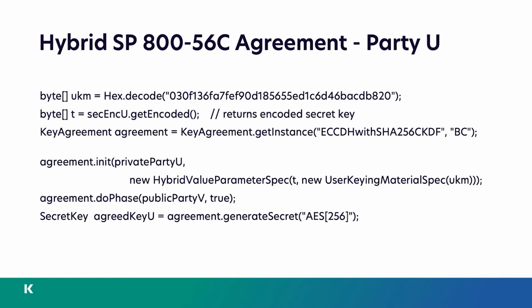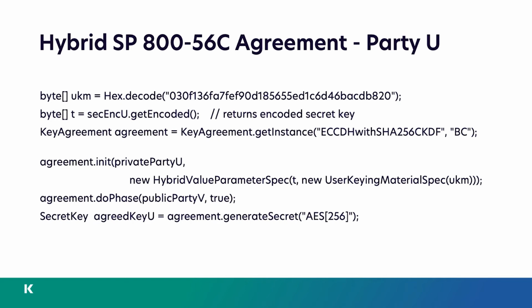Let's look how this agreement works for party U. It's really similar to the other approach. However, we're not going to make the DEROtherInfo class, and instead we have a constant user keying material byte array.